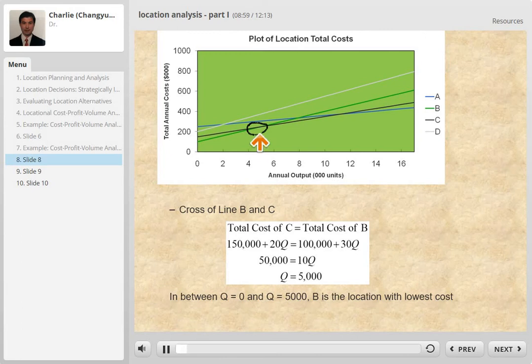Now let's first find out the point here where the green line and black line cross.